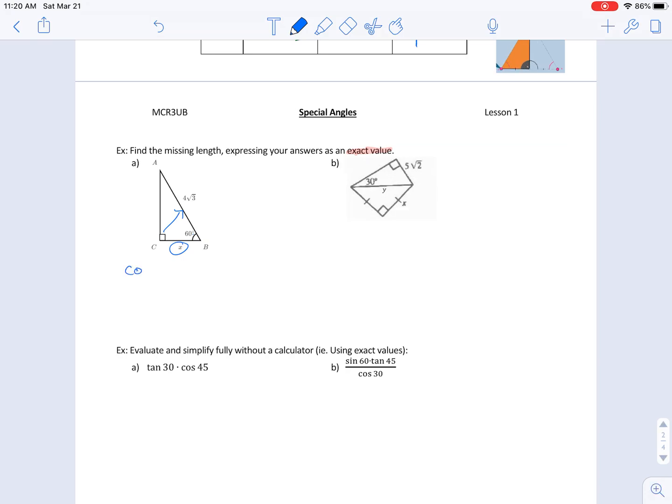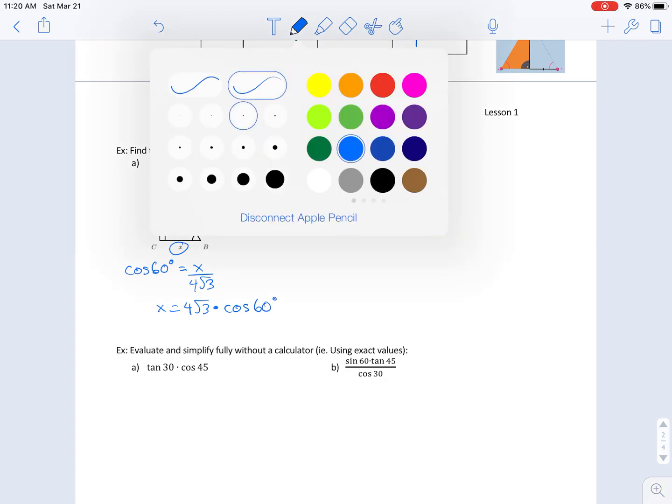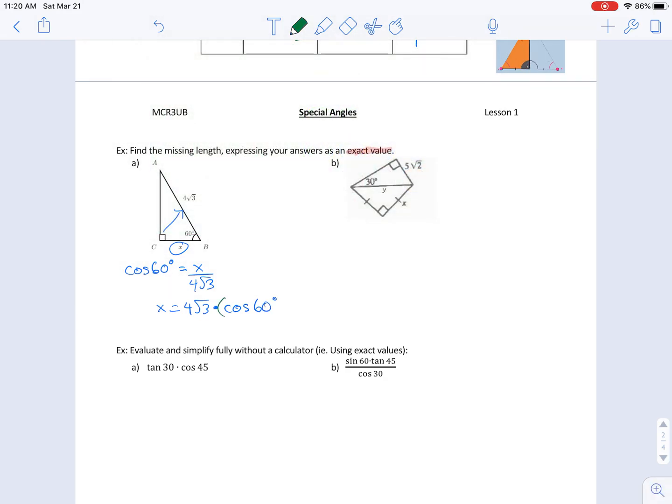So I've got cosine of 60 equals adjacent over hypotenuse. And I can rearrange it just like normal. But this is where it differs from what we've done in the past. I'm going to replace this with an exact value.